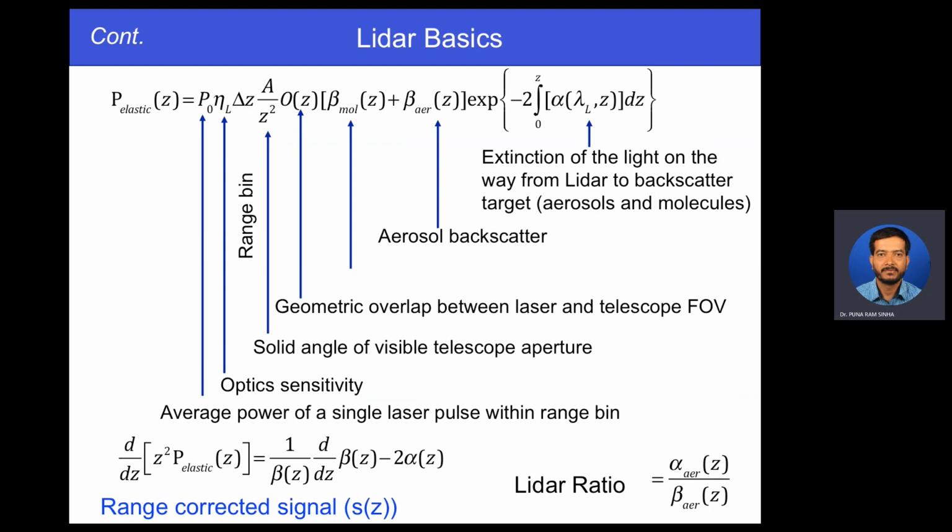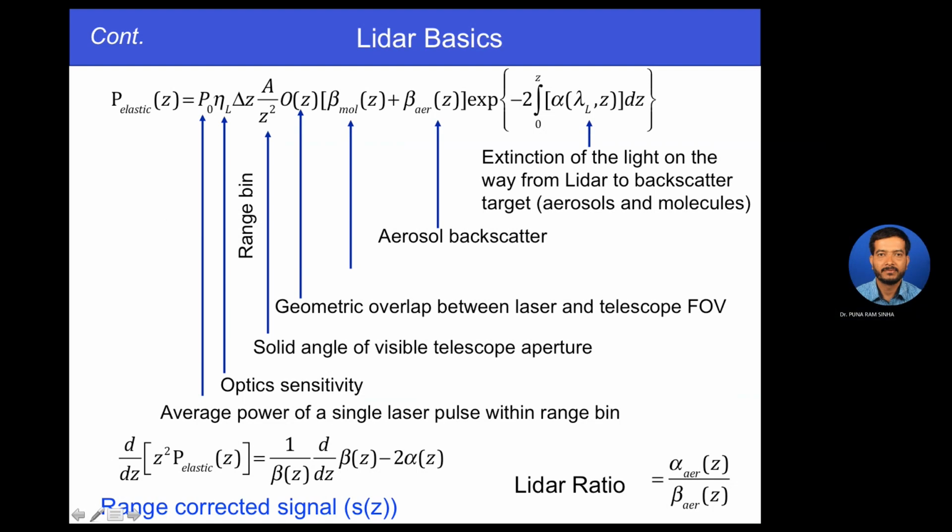So we need to represent these two variables, beta and alpha, and define a third variable which can be expressed by the ratio of these two. So we define the lidar ratio, which is the ratio of the extinction to the backscatter coefficient.